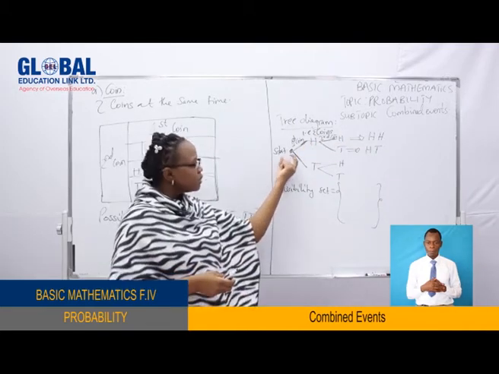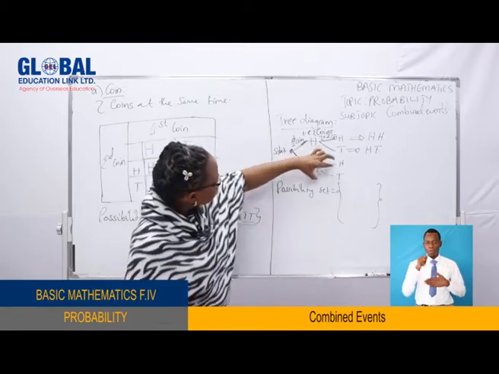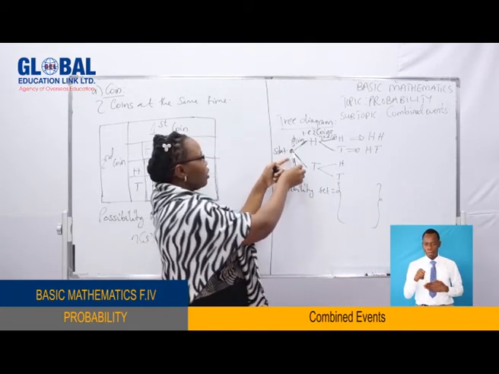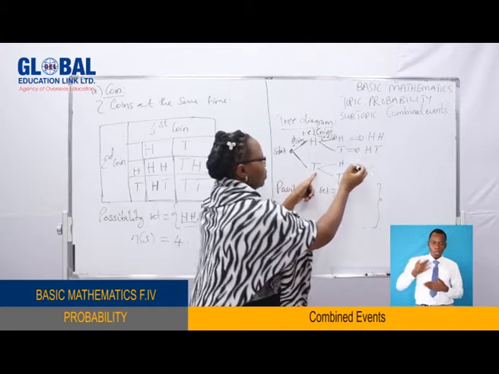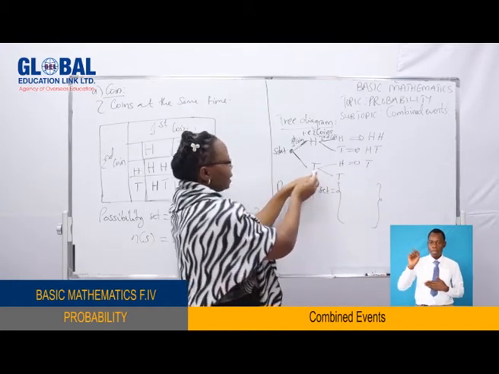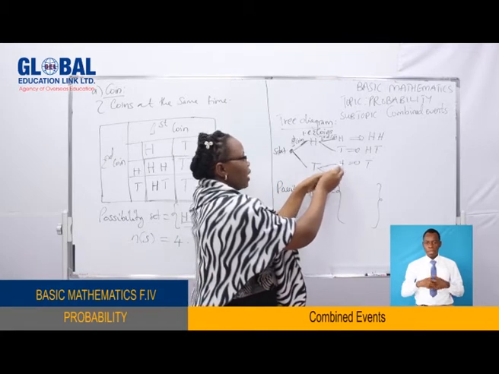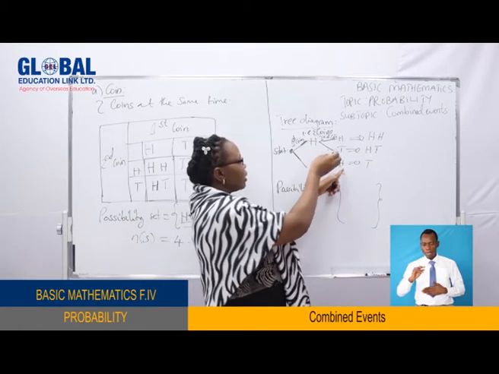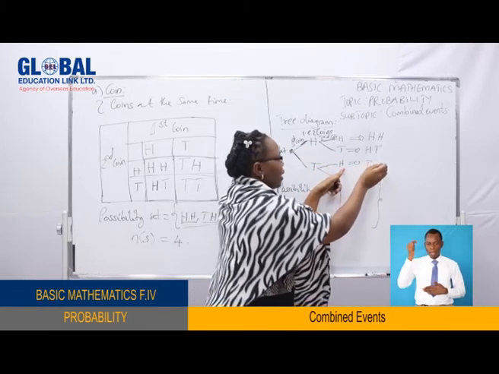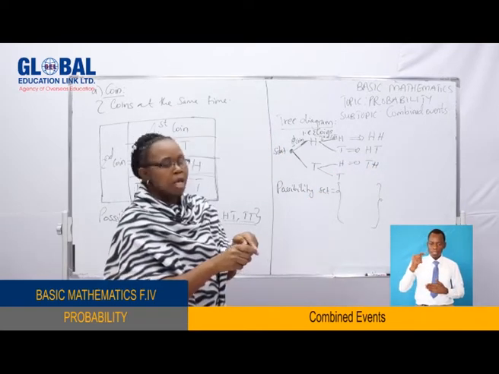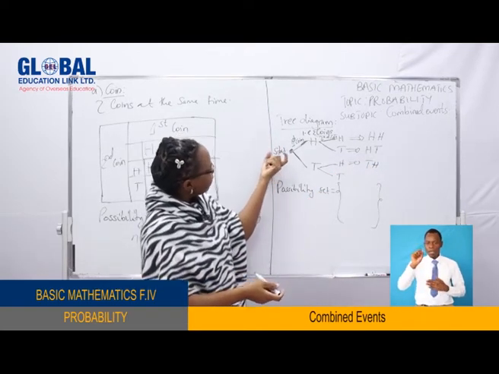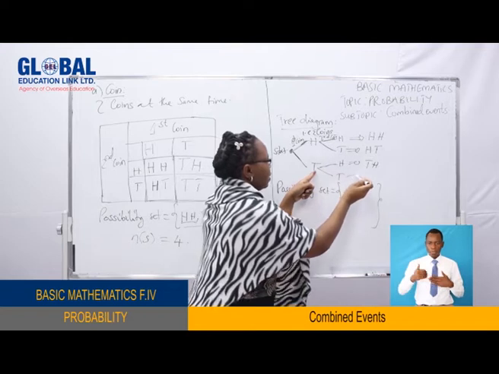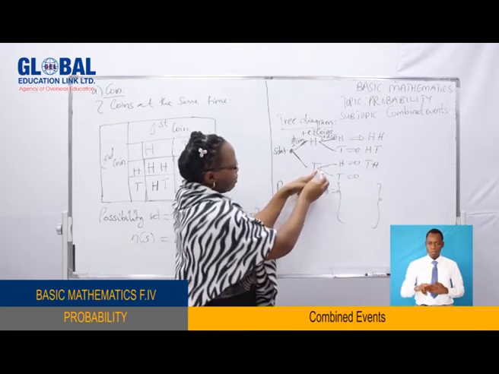Then we come back to the starting point. We are moving now to this branch, looking downward here. From the starting point, the first coin, when it shows tail, we move to tail, but from tail it moves to head, that is the second coin. So the first coin shows tail, then the second coin shows head, then it will be TH. Then coming back to the starting point, the first coin shows tail, then we have this other branch here.